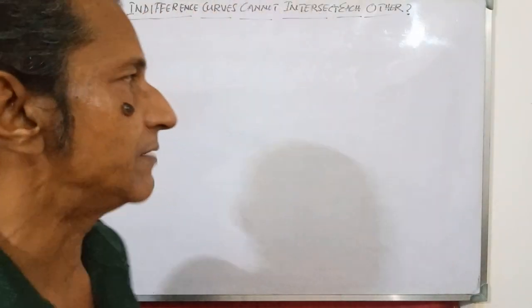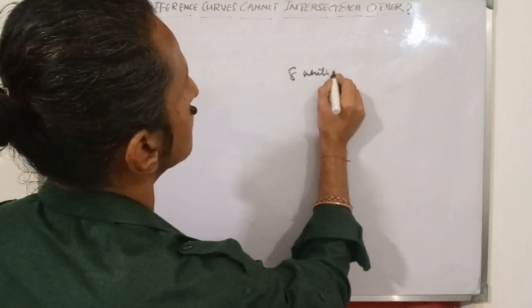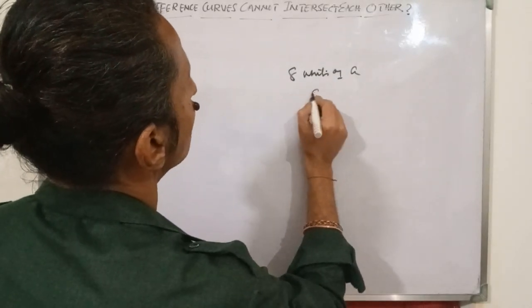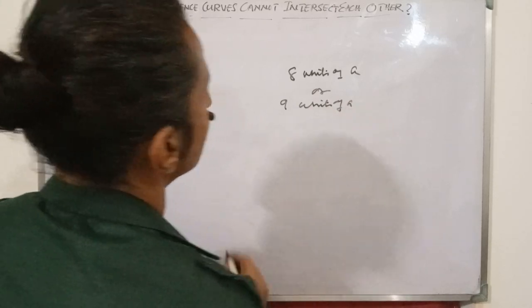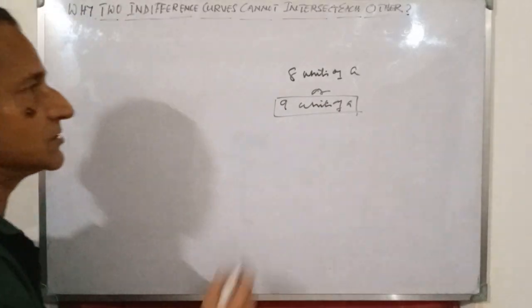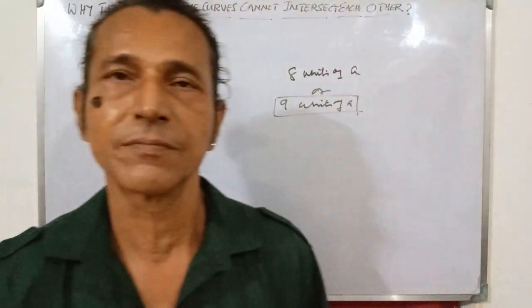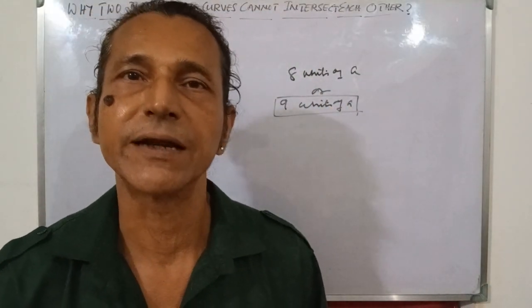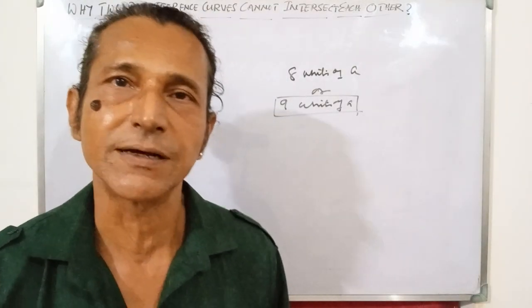That means if the consumer is offered 8 units of A or 9 units of A, then the consumer will certainly opt for the 9 units because 9 is greater than 8. This is rational consumer behavior. In the indifference curve technique of consumer's behavior and theory of demand, it is assumed that the consumer behaves rationally and prefers more to less.